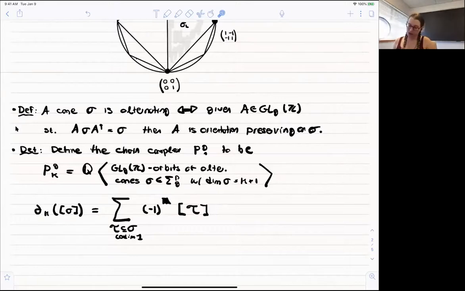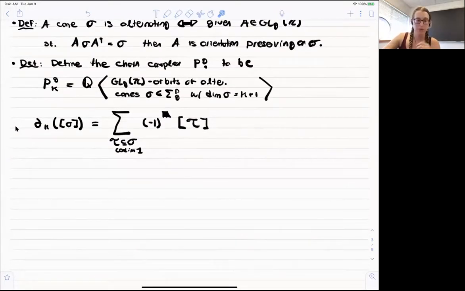So it's a proposition in our paper that you can show that this is in fact a chain complex. And so let's look at this in a really specific example, continuing the running example, where G equals 2.